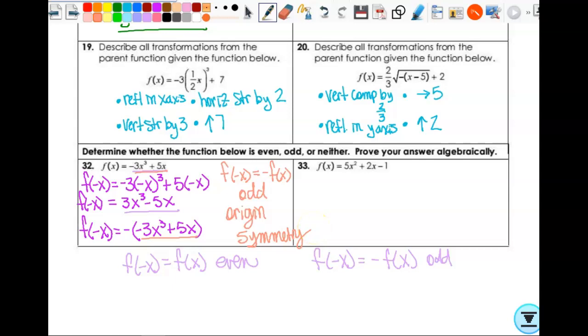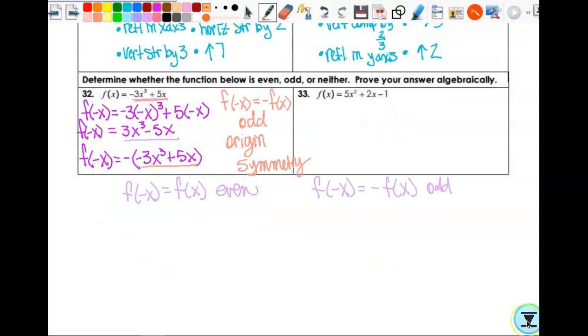So let's try 33. F of negative x is equal to 5 times negative x squared plus 2 times negative x minus 1. So negative x squared is x squared, so I get 5x squared minus 2x minus 1.